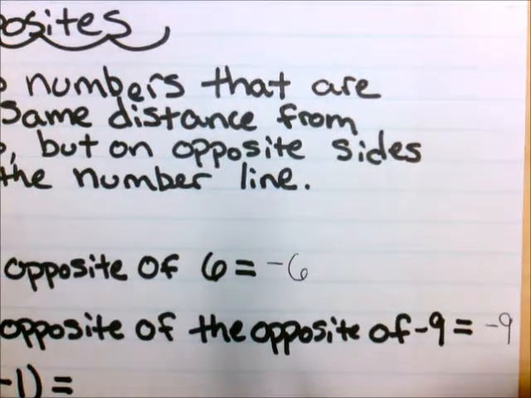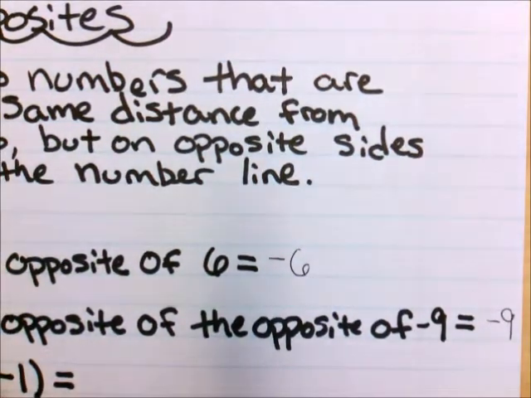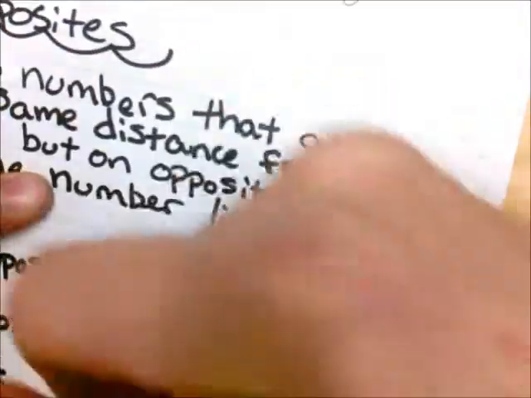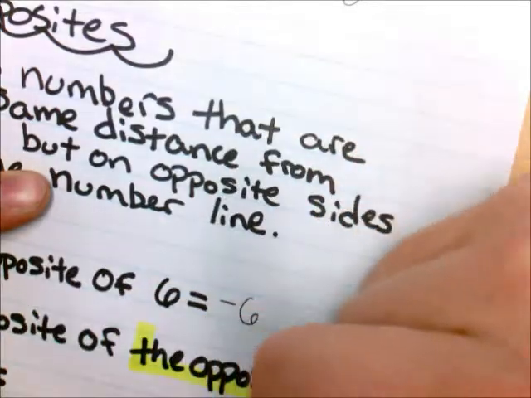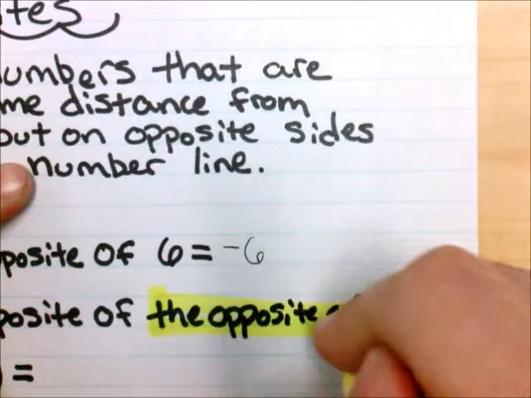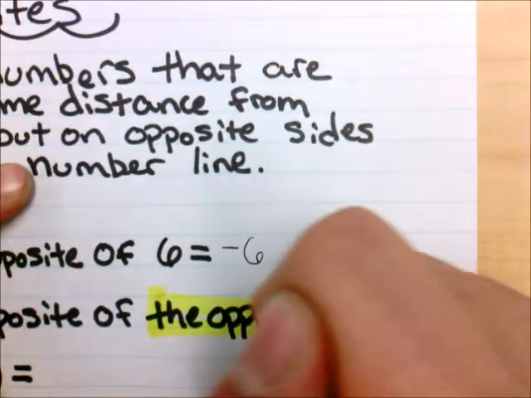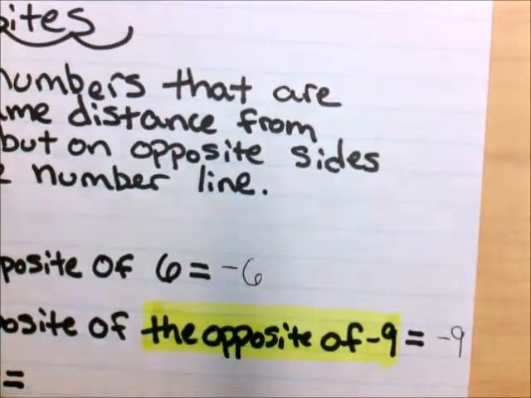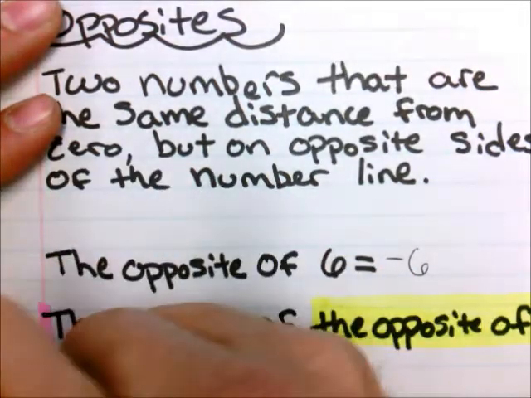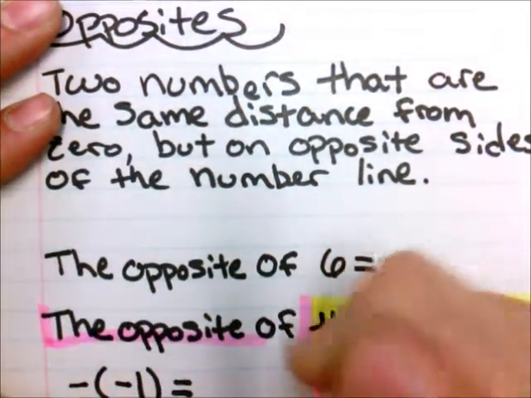So the opposite of the opposite, they cancel each other out, and I can color code this here. I start off with my yellow part. So I figure out what is the opposite of -9, and then I move on to the pink part here, which says, find the opposite of the yellow.